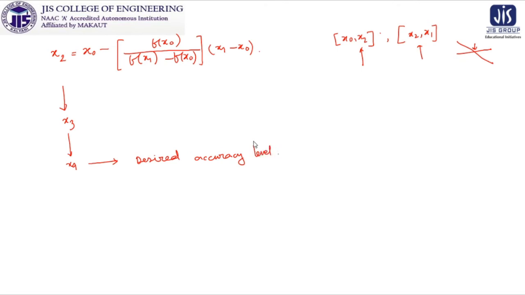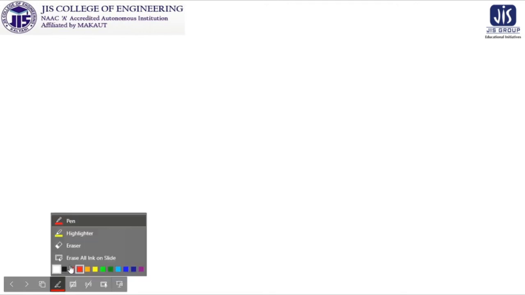So this is the whole scheme of this particular problem, as well as the working rule for finding the result of the regula falsi method. Now let us go for a problem, and then it will be more clear for us.